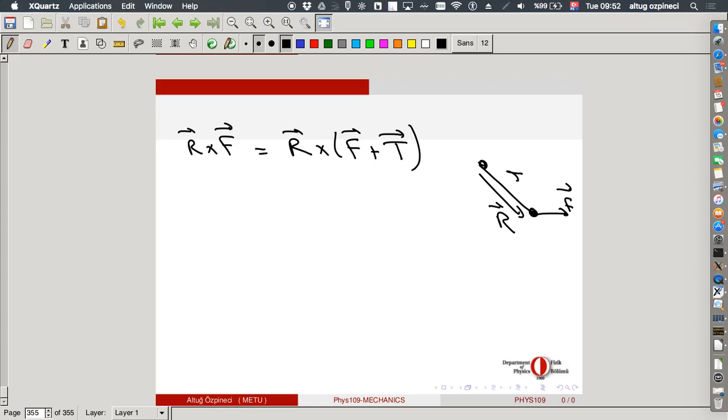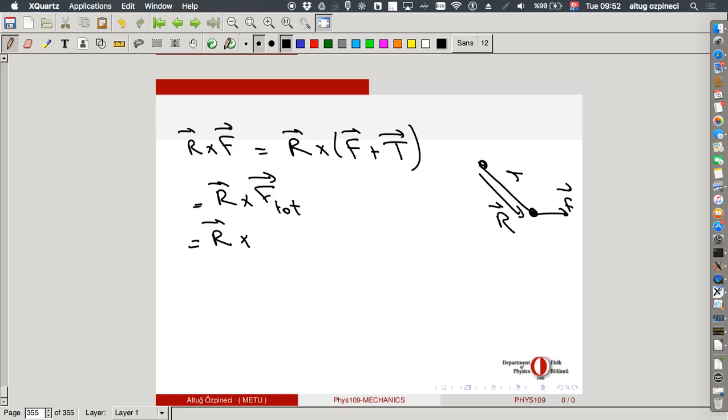The angle between the two is 180 degrees, so the cross product is 0. This is equal to r cross F total, the total force acting on my system. This is equal to r cross.